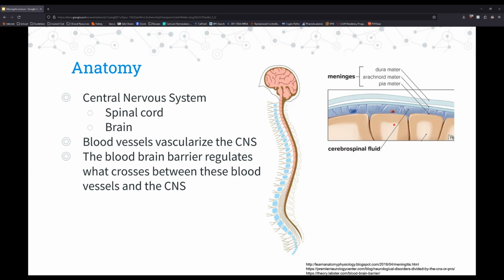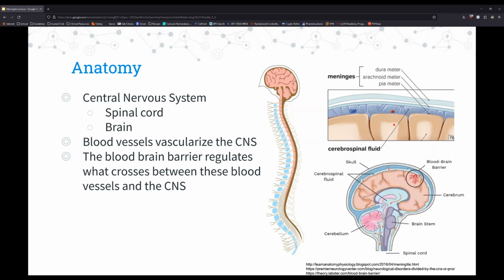More on the anatomy, and this is going to play a role in what we need to know in order to treat it properly: the blood vessels are able to vascularize the CNS, and the blood-brain barrier regulates what can cross between the blood vessels and the CNS, as we can see here.